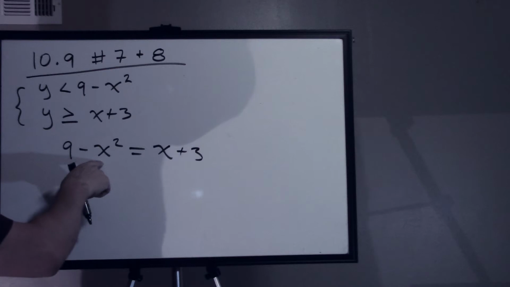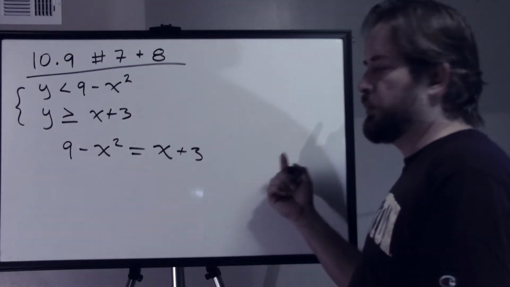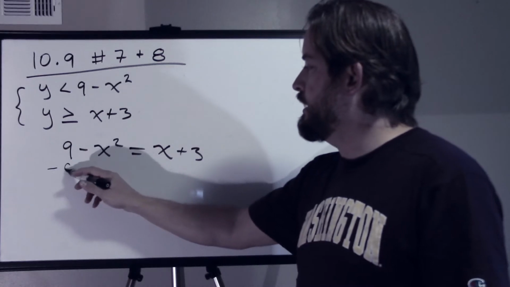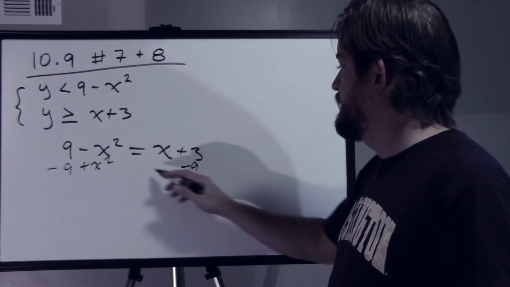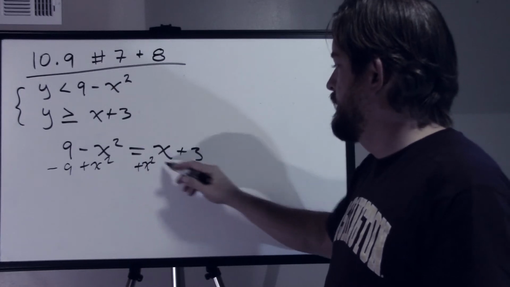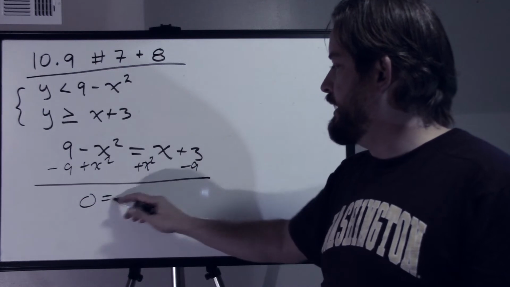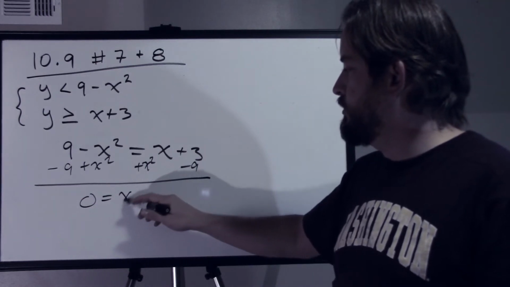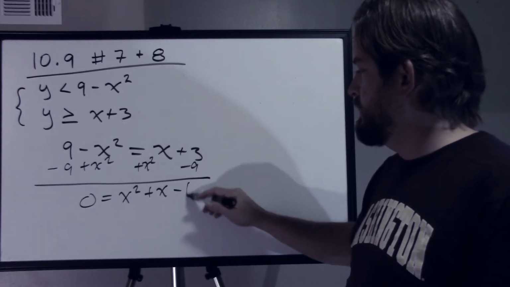And you can see we'll simply get a second degree polynomial out of this, right? I'm just going to grab everything and bring it to the right by subtracting 9 and adding x squared to both sides. So I have 0 on the left. On the right hand side, I'm just going to write this in descending order as x squared plus x minus 6.